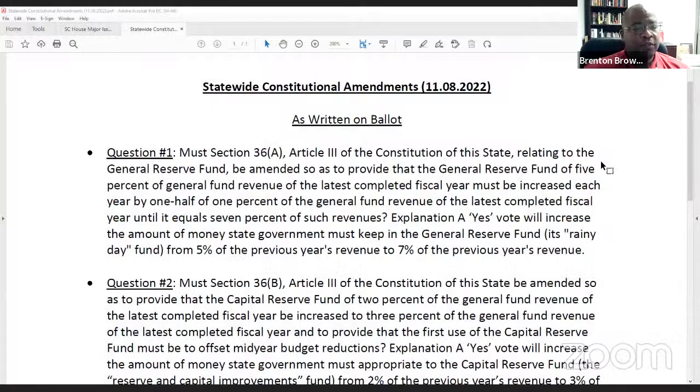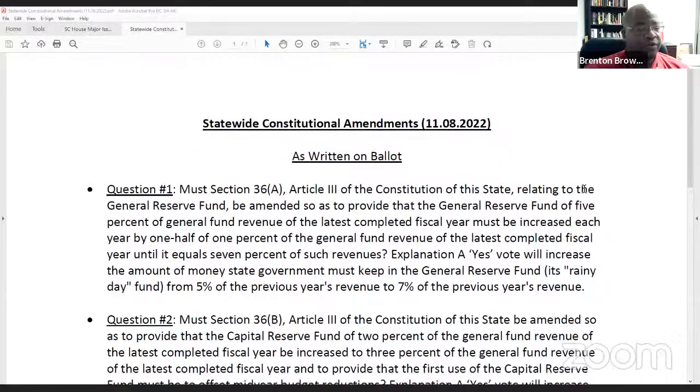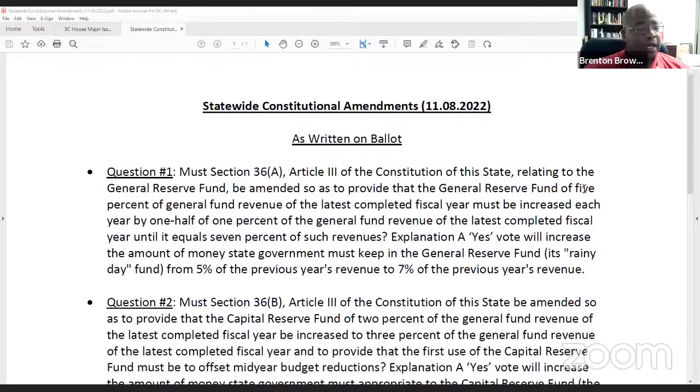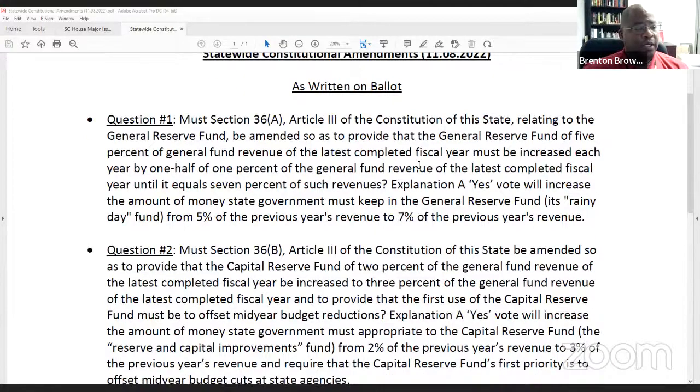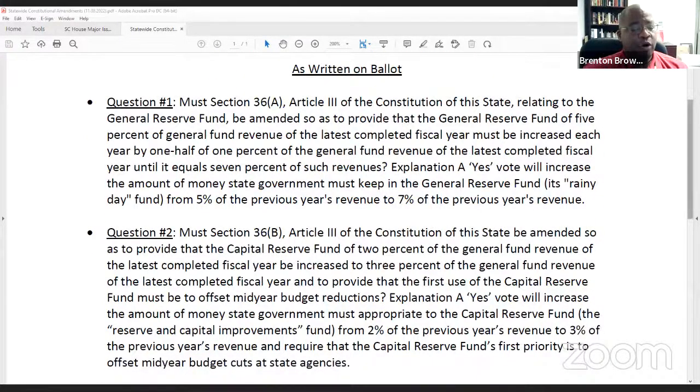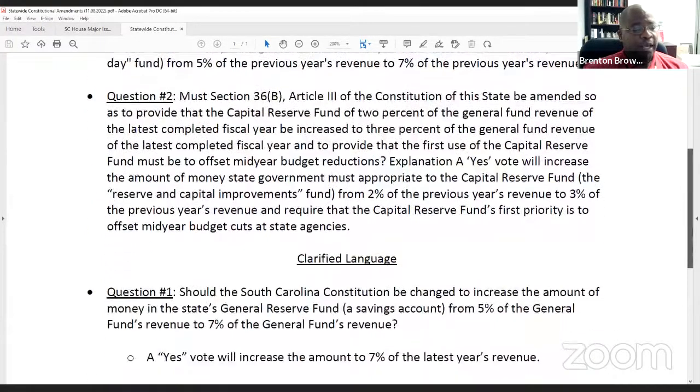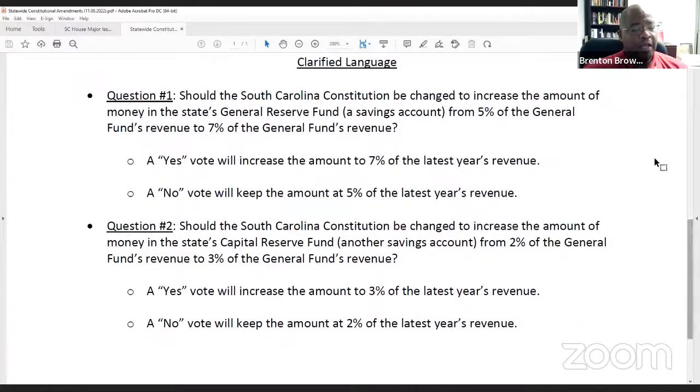They can be a little confusing because this is how the Legislative Services Council likes to write them. Basically, they're asking people if they would like to amend the state constitution. Both of the questions at the top here are as they are written on the ballot. I'm just going to go down and show the clarified language.